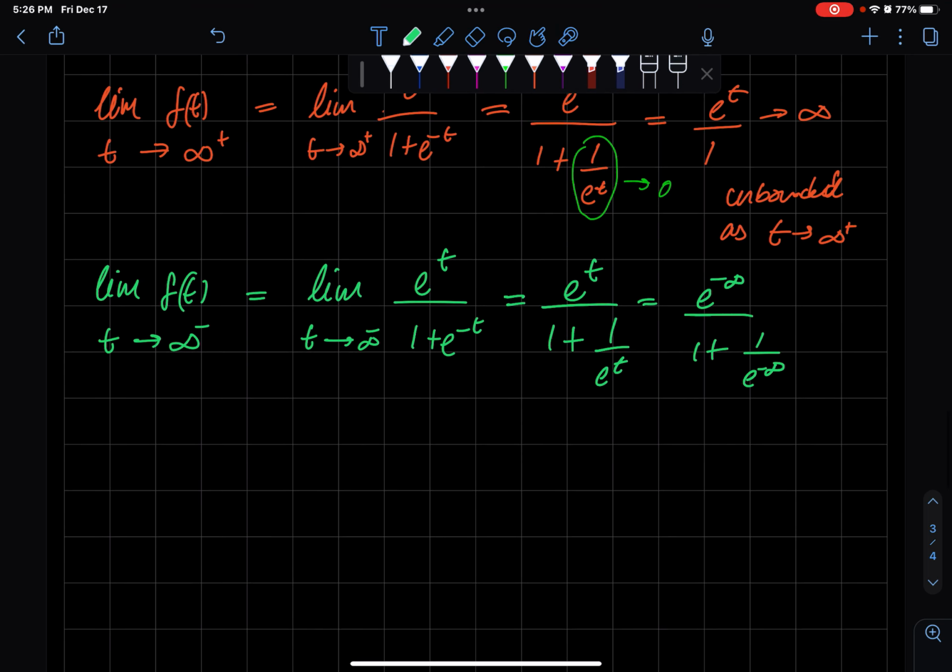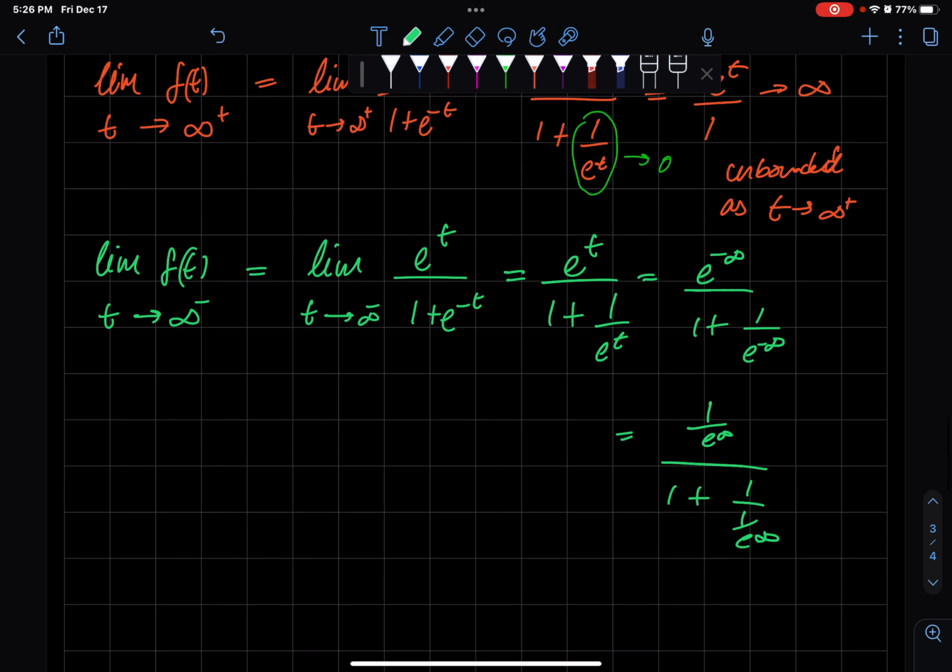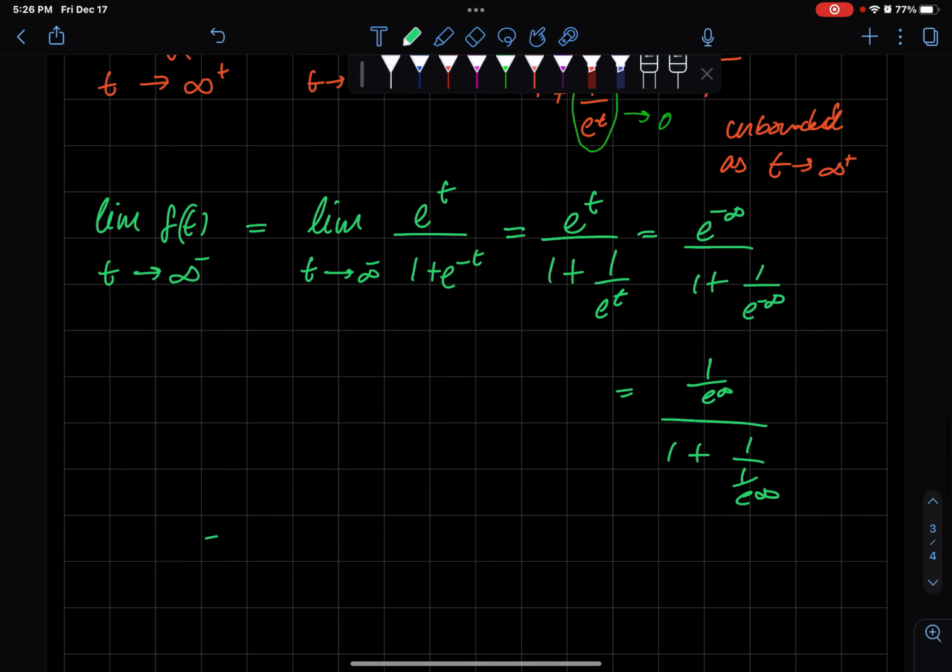And this is the same as 1 over e to the infinity divided by 1 plus, we just flip this around, e to the infinity.